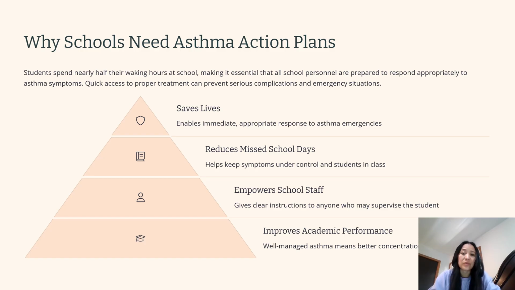It can reduce someone's missed school days and empower school staff by giving clear instructions to anyone who may supervise the student. And also, it improves academic performance. When students have asthma that is well managed, there is better concentration. They are not worrying about how they are feeling, but they're worrying about school work.